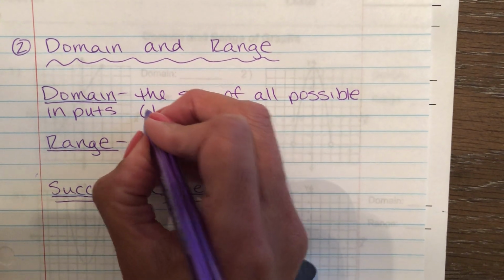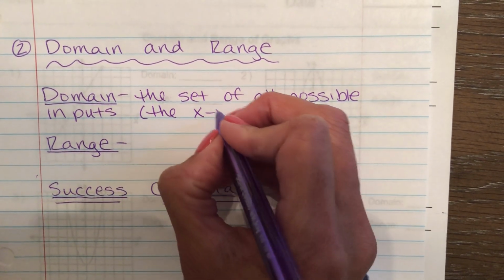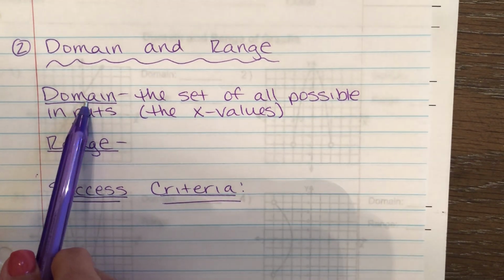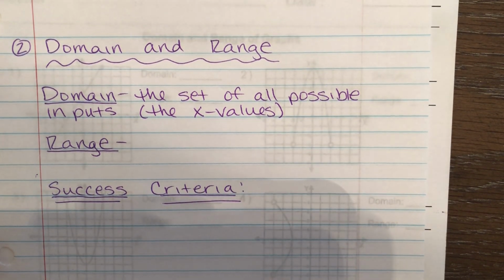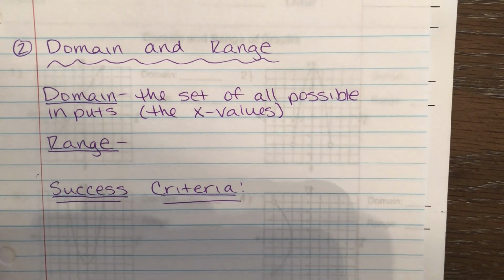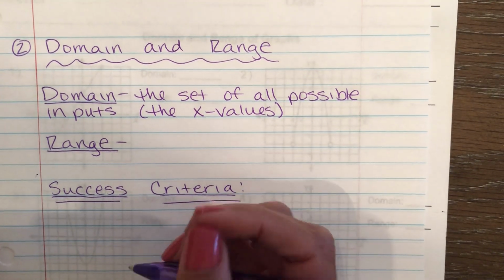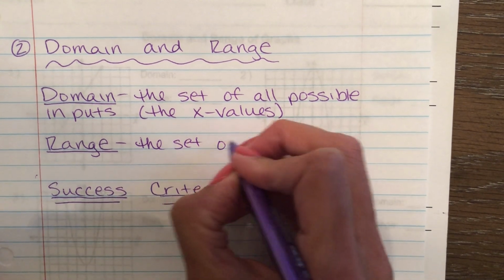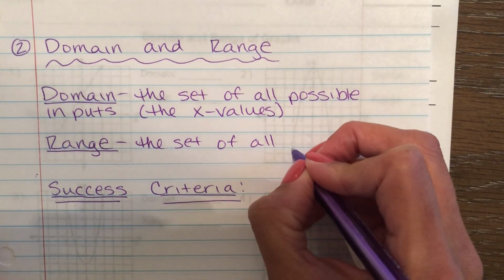So these are our x values. When we're talking about domain, we're always talking about x values. And then the range is a set of all possible outputs.